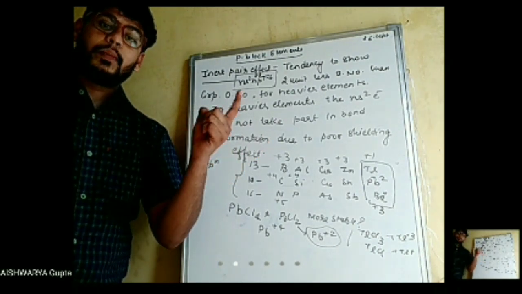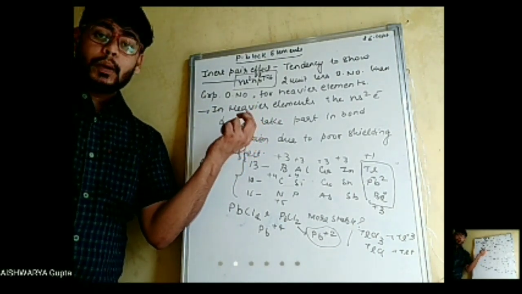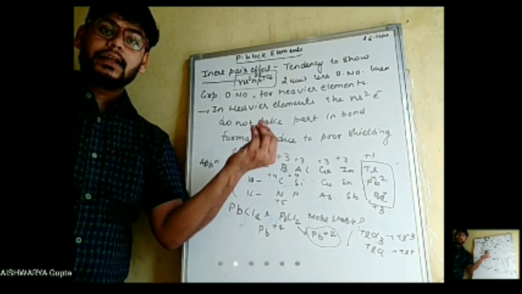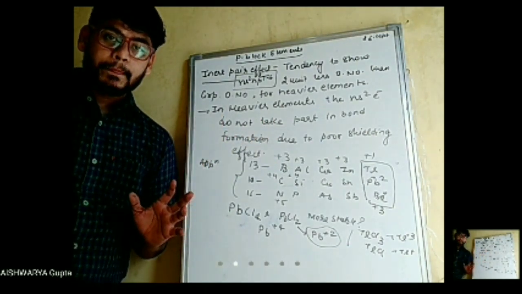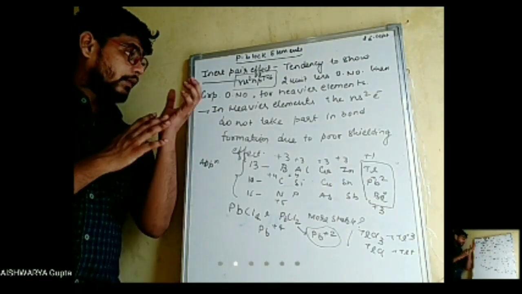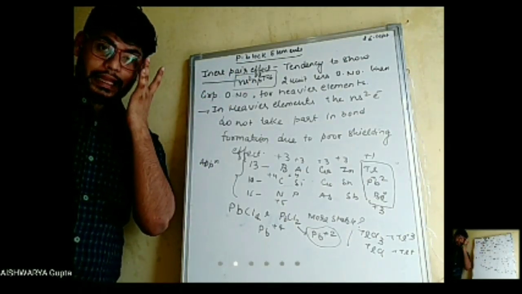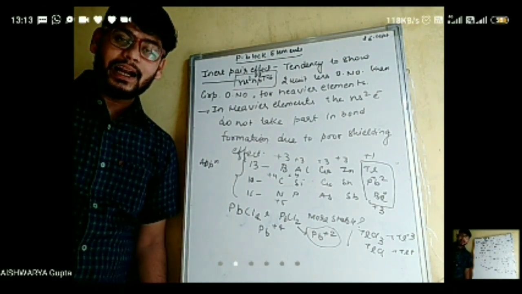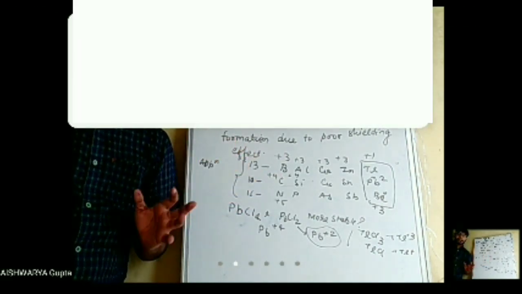Why? Because of poor shielding effect caused by the d and f electrons. If it does not take part in bond formation, it is acting as an inert pair. So that's why it is termed as inert pair effect.